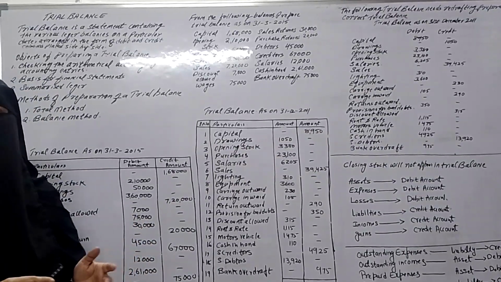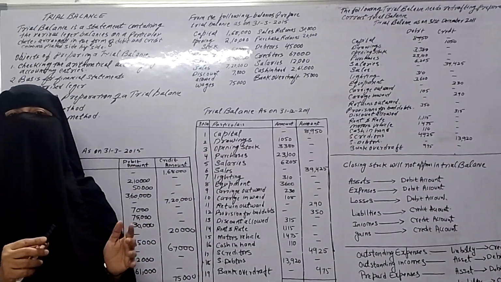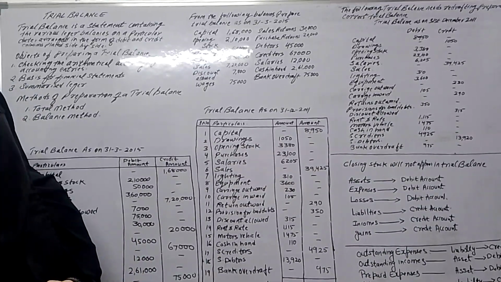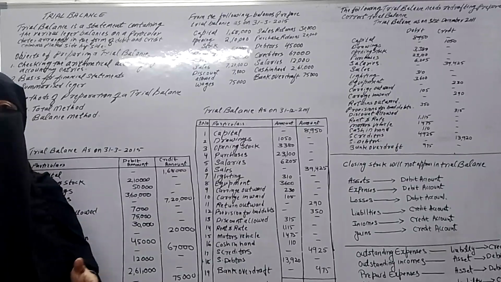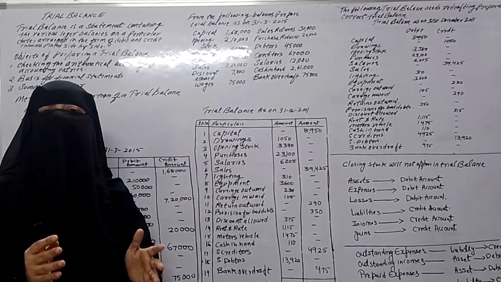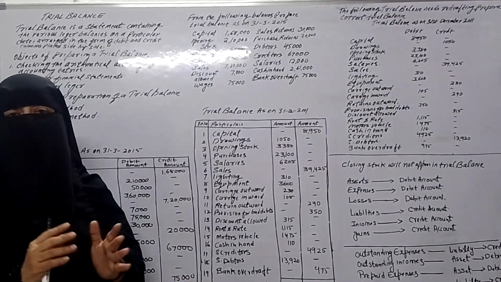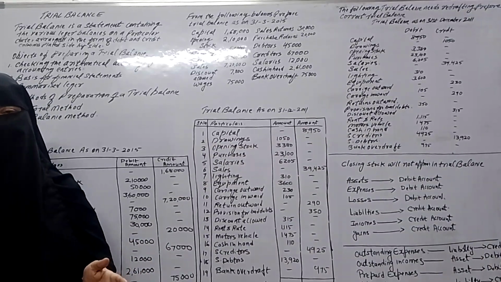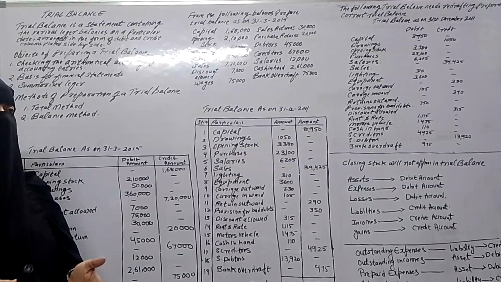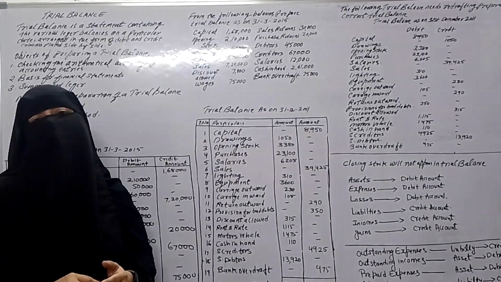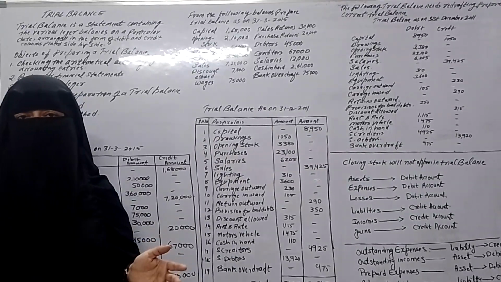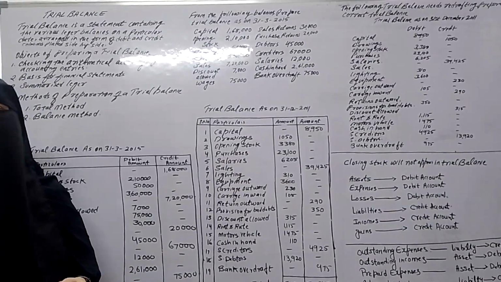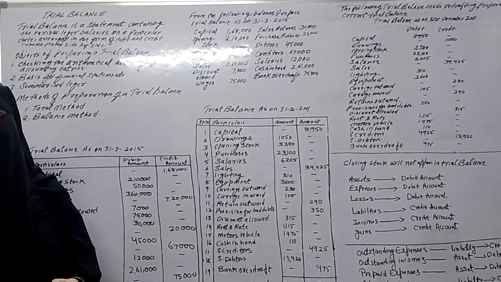And all the liabilities, incomes and gains, these are the credit balances. So trial balance is based on debit and credit balances. Debit balances are assets, expenses and losses. Credit balances are sales, liabilities, incomes and gains.